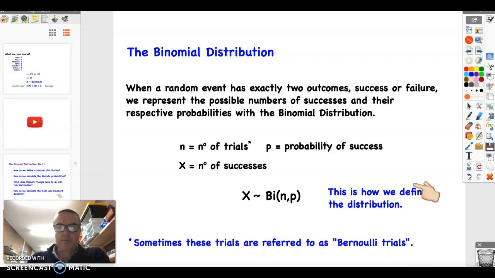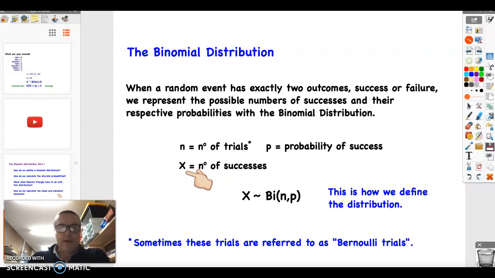We'll talk about the probability of success for one trial, and that carries a value that we use p for. And we're going to define the variable itself generally with x, but it doesn't have to be x, but we'll use x in this lesson.